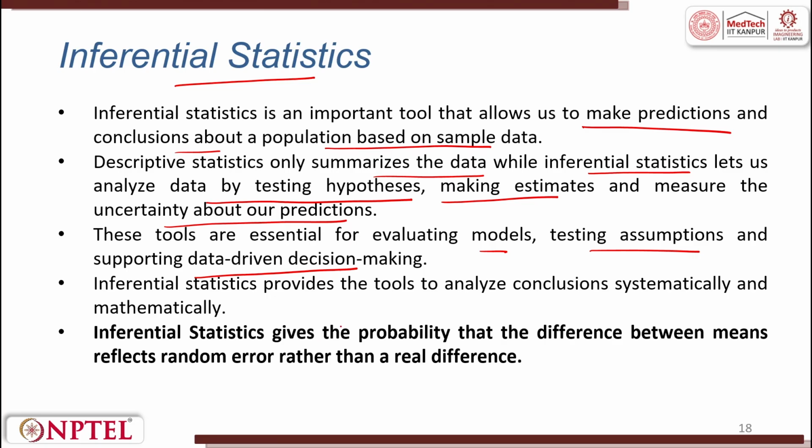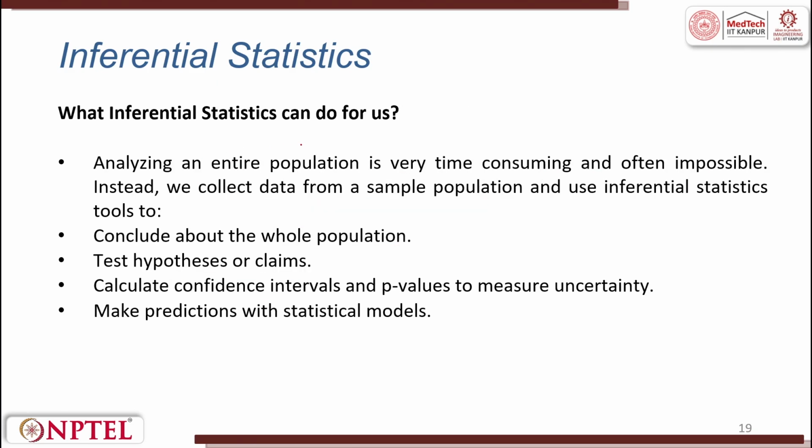Inferential statistics provide tools to analyze conclusions systematically and mathematically, and this gives the probability that the difference between the means reflects random error rather than a real difference. So, what can inferential statistics do for us?